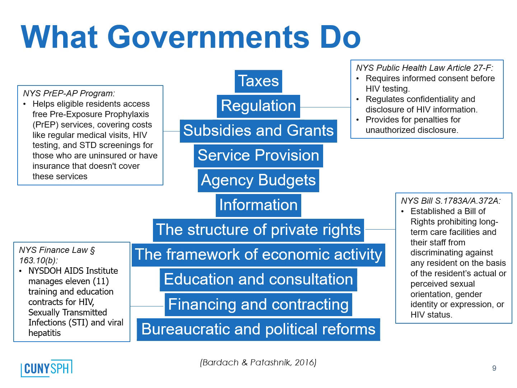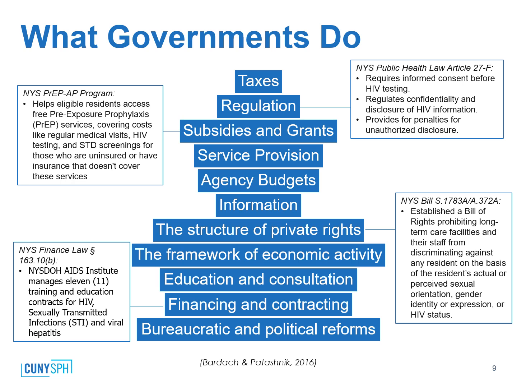So, under regulation, we have, for instance, the New York State Public Health Law, Article 27F, which governs HIV testing and confidentiality, requiring informed consent and regulating disclosure, as well as penalizing violations.